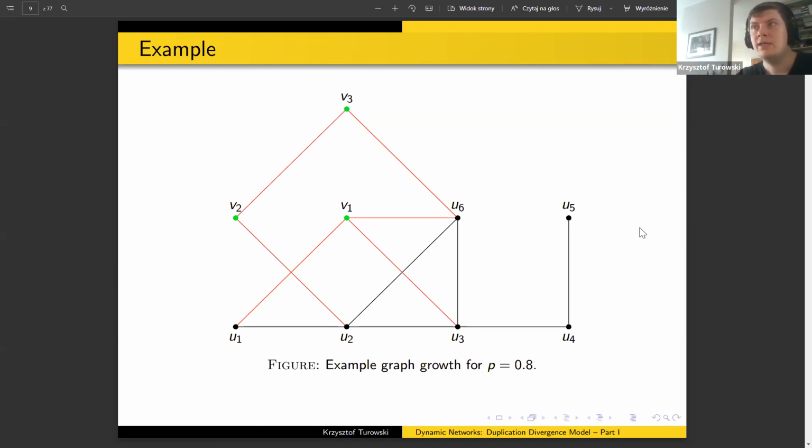So in fact, not only the temporal ordering of the vertices matters, but also exactly which vertex was chosen as the parent of a particular vertex, because in some cases we have larger probabilities, and in some cases smaller.